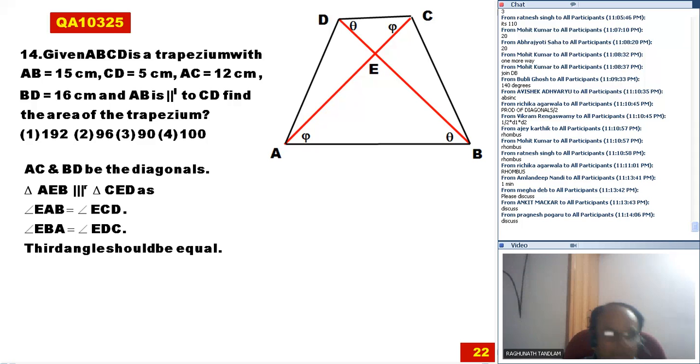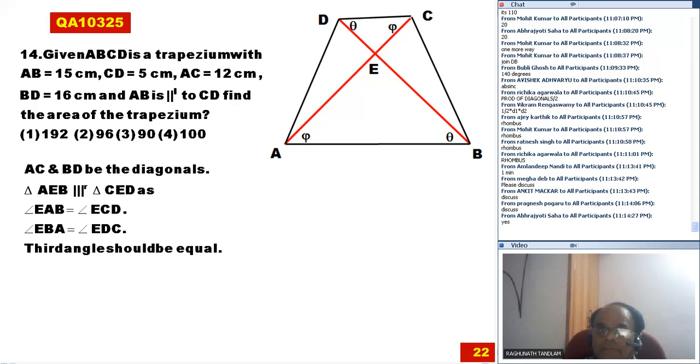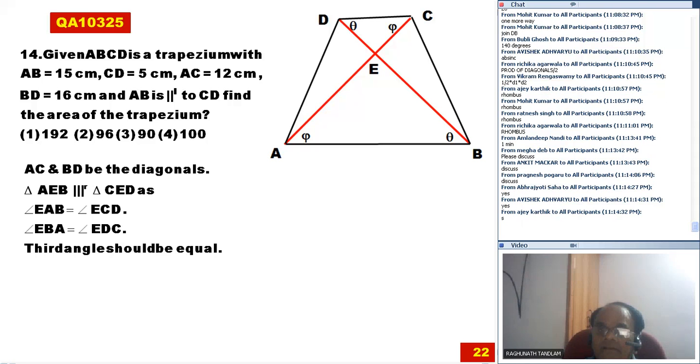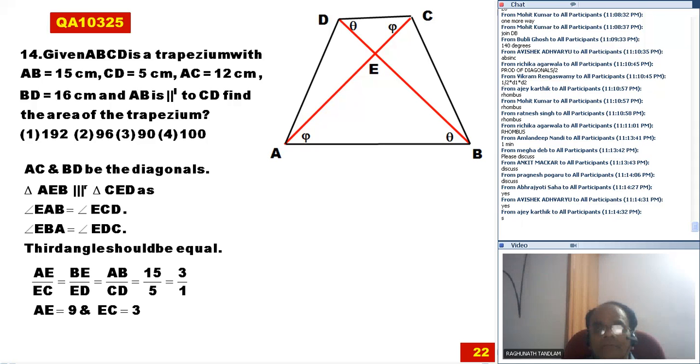Triangle AEB and triangle CED are similar or not? In a trapezium, yes. Then AE by EC equals BE by ED equals AB by CD, which is 3 by 1. Therefore AE is 9, EC is 3.